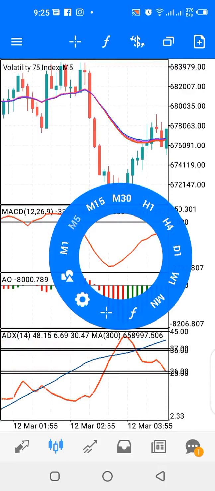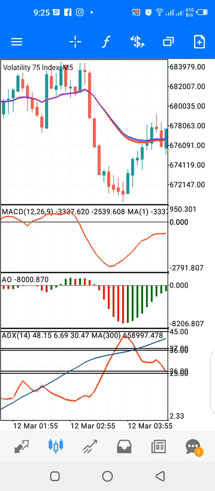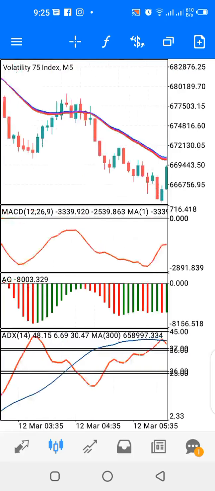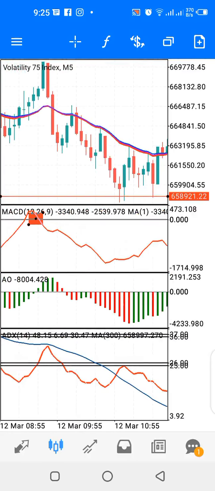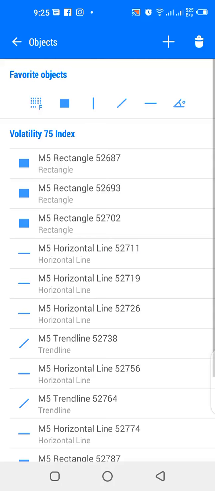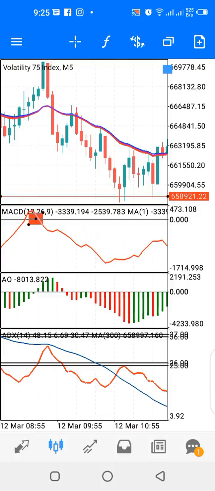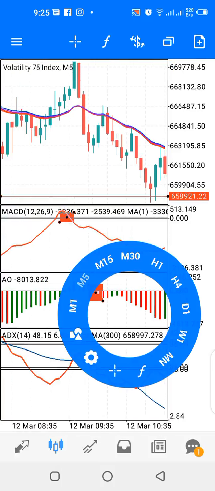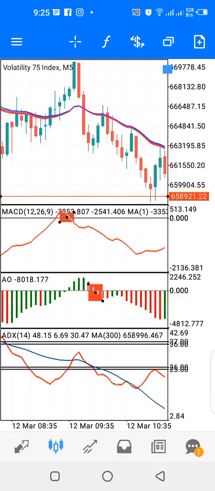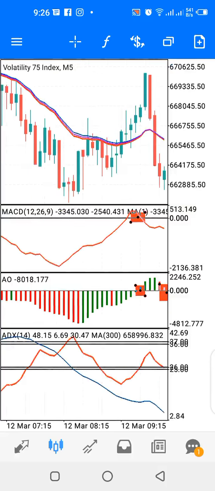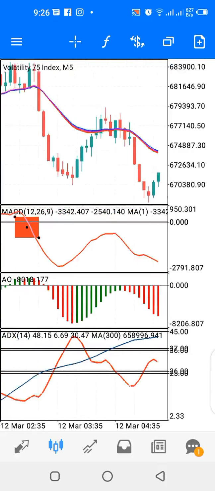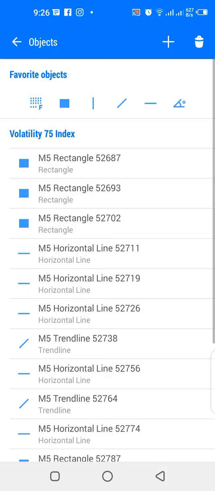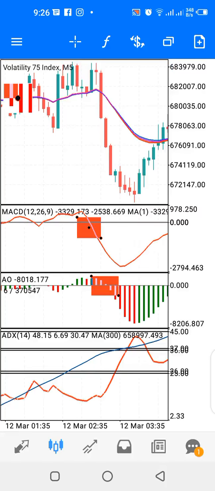All right, when it cross below, sell signal. So that's how to use the indicator window 1. For indicator window 2, when the awesome oscillator bars forms and crosses the zero level, we have sell, crosses above the zero level, buy, and crosses below, sell.